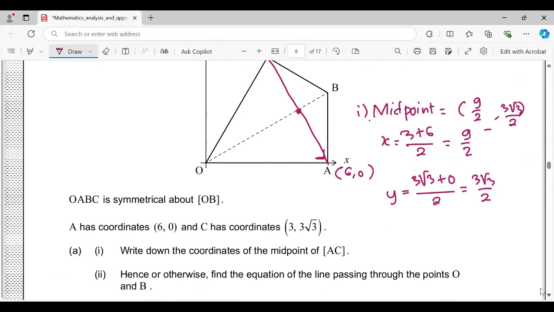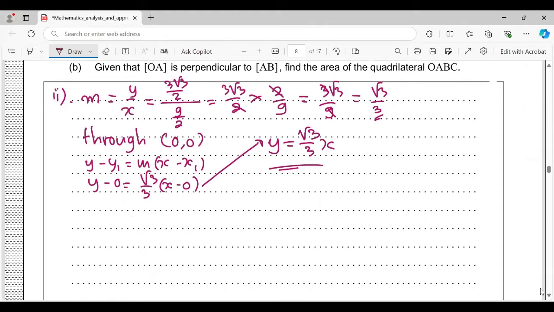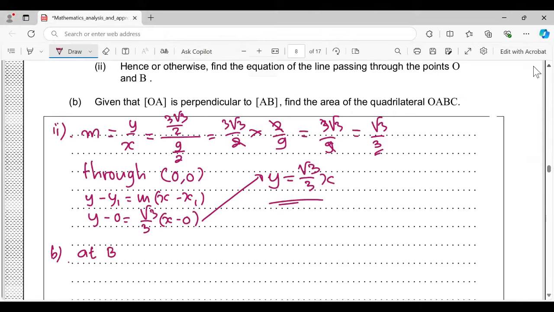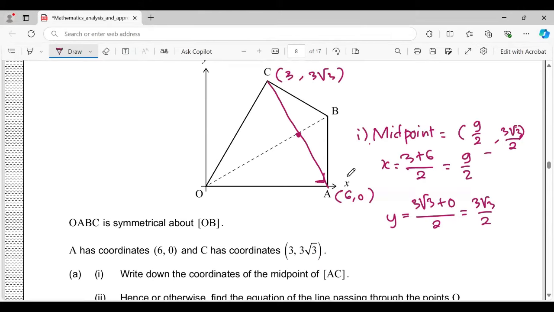At point B, x is 6, and we are going to find y, so you can find the coordinate point here.